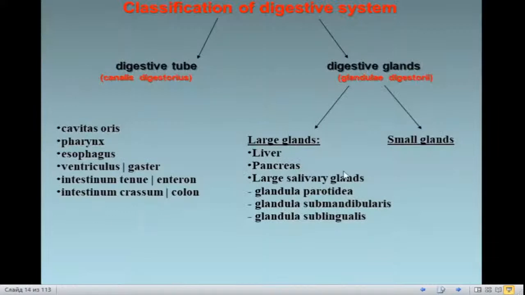So here is the scheme of what I have said about the division into the tube and glands, and the division of the glands into large glands and small glands. Make a photo of this slide and then you will write that into your copybooks.